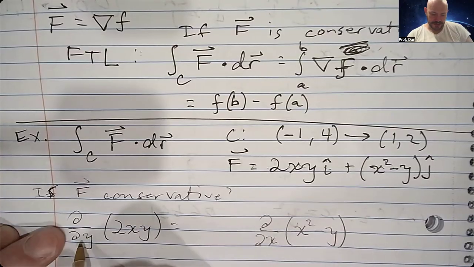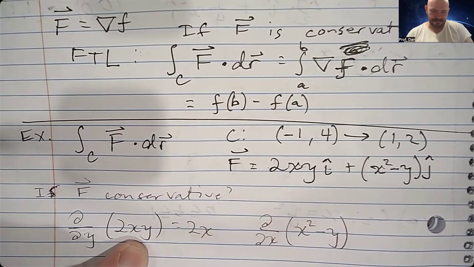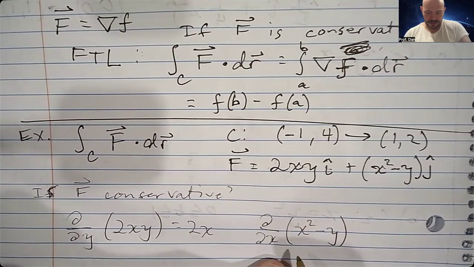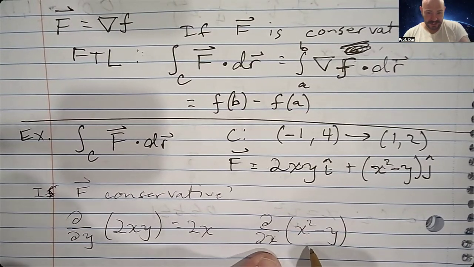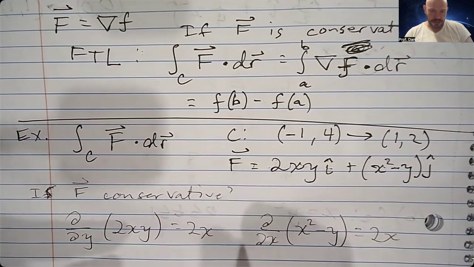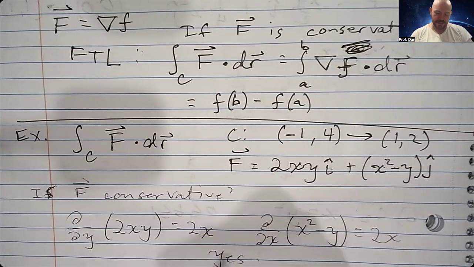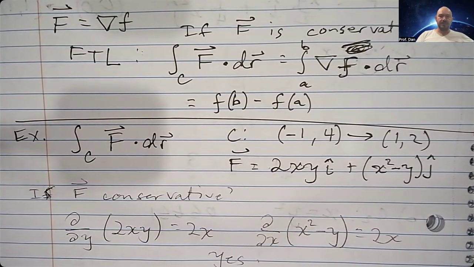The derivative with respect to y will be 2x. The derivative with respect to x will be 2x minus 0, so 2x. Since the partial derivatives are equivalent, we determine that yes, the vector field F is conservative.